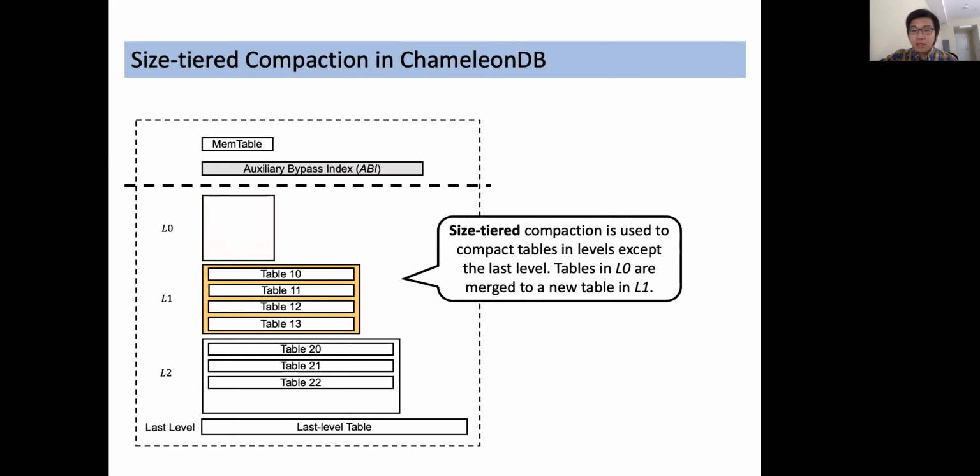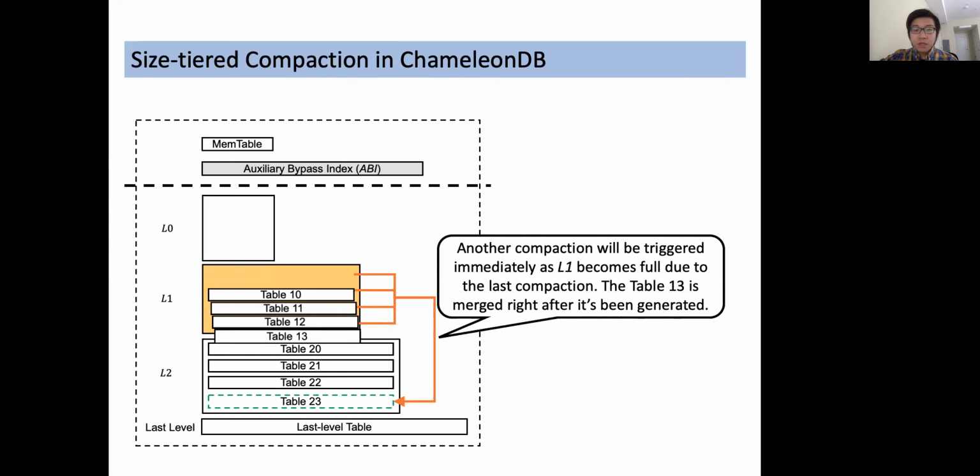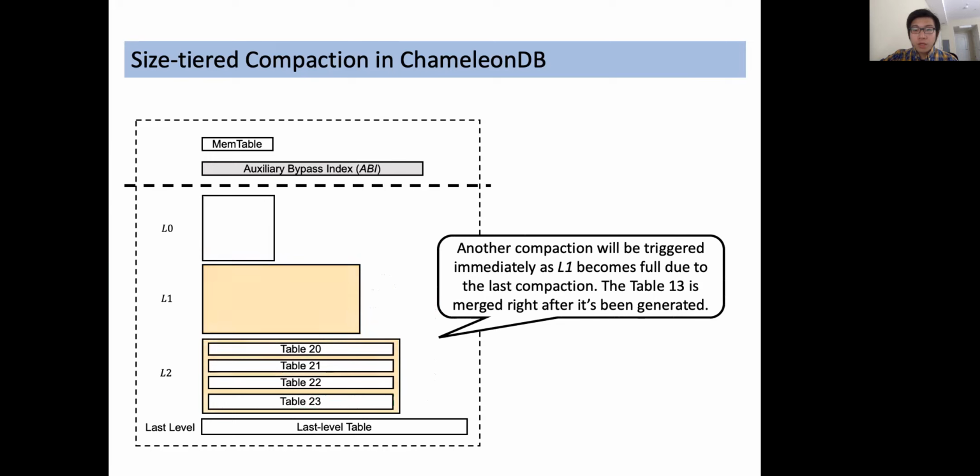After the compaction, level 0 becomes empty, while the number of tables in level 1 becomes 4, which means that it is full and also needs to be further compacted. Therefore, another compaction from level 1 to level 2 will be triggered immediately.